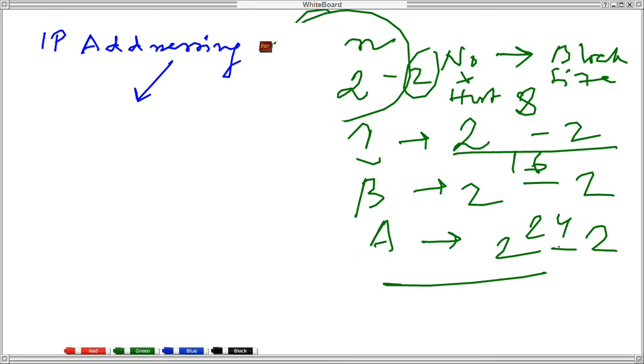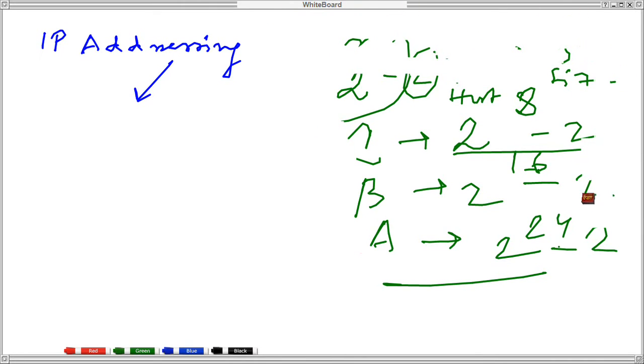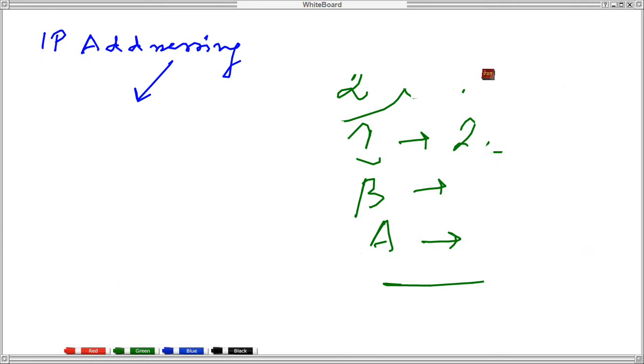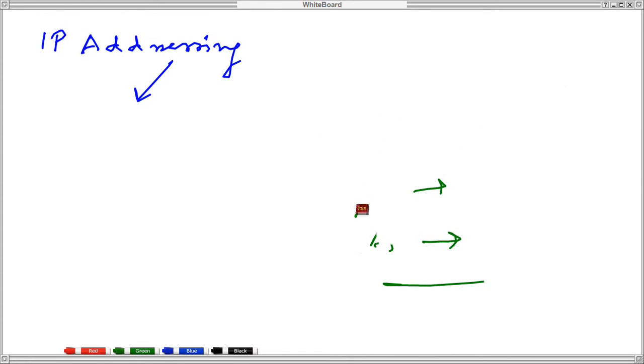In classless IP addressing, there is the concept of CIDR, classless inter-domain routing, and VLSM, variable length subnet mask. The variable length subnet mask tells me how to calculate a variable size host block, but there are a few golden rules and a formula.